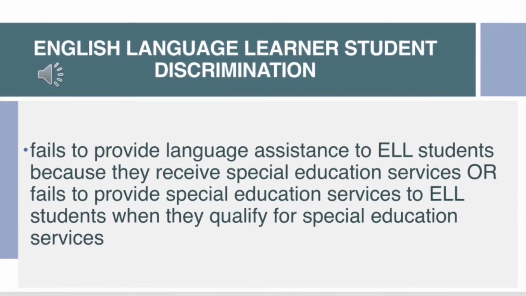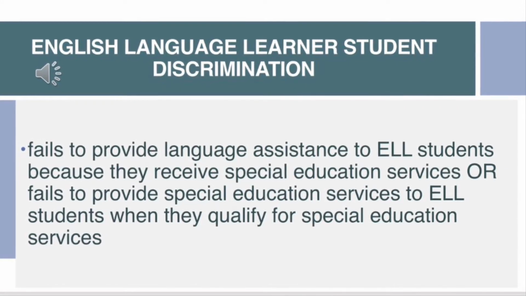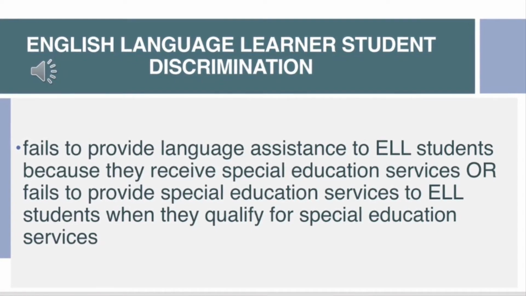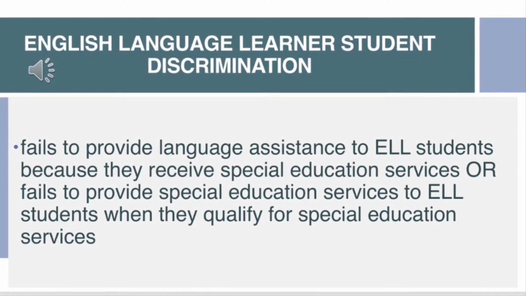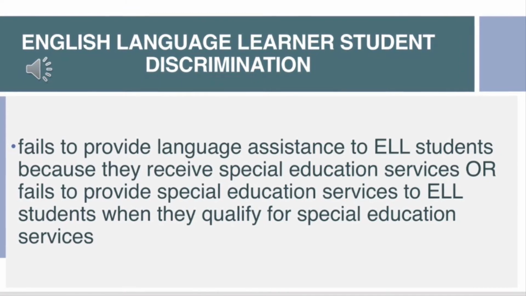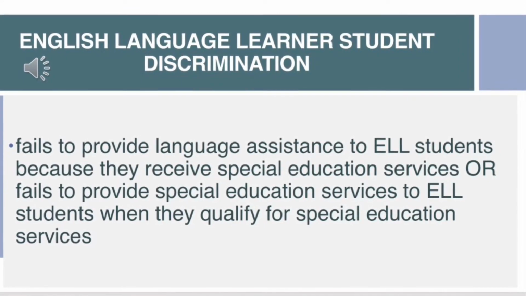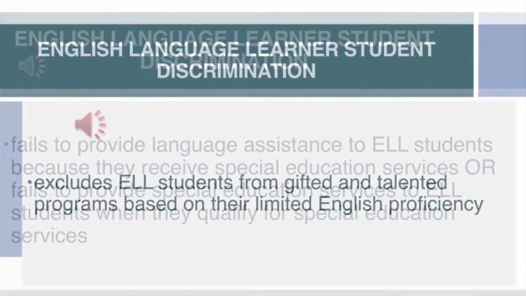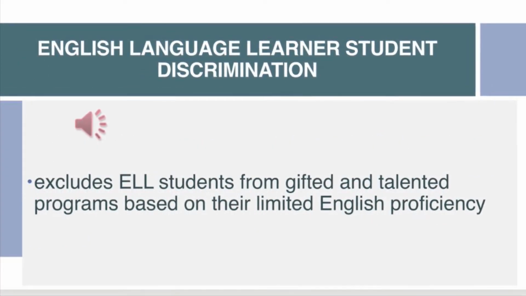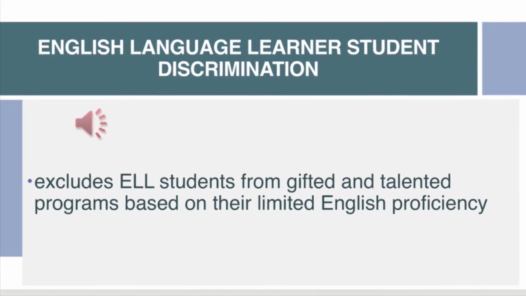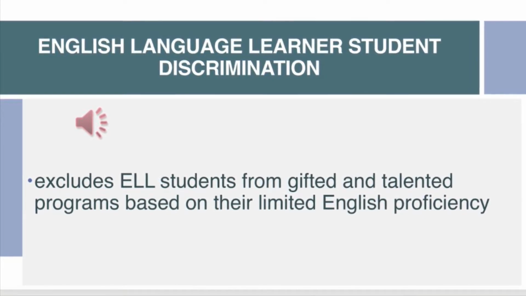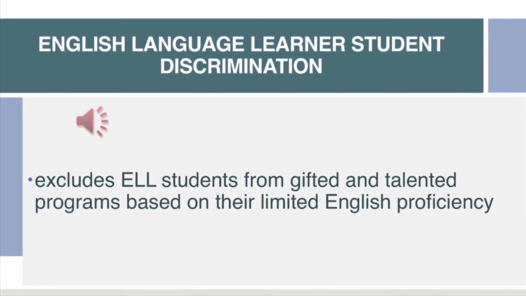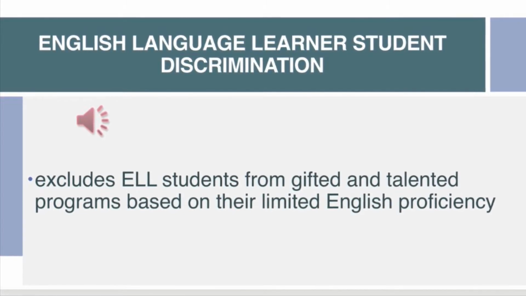Also, it is a failure to provide language assistance to ELL students because they receive special education services, or a failure to provide special education services to ELL students when they qualify for special education services. And also, it is discrimination if the school excludes ELL students from gifted and talented programs based on their limited English proficiency.